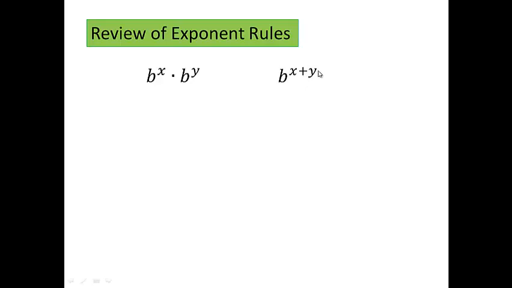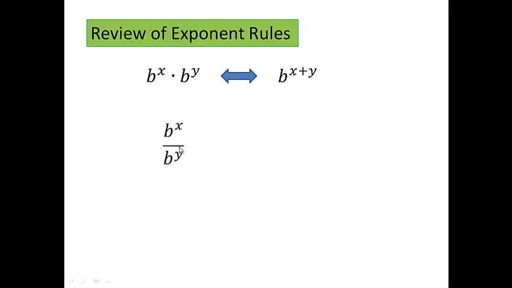This is typically the direction of the rule that you're most used to seeing, maybe the only direction you're used to seeing. What we're going to need to do is go backwards with this rule. So just recognize that these two things are equal, right? If I start with something where the exponents are being added, I can break it up into a multiplication problem with the separate exponents here.